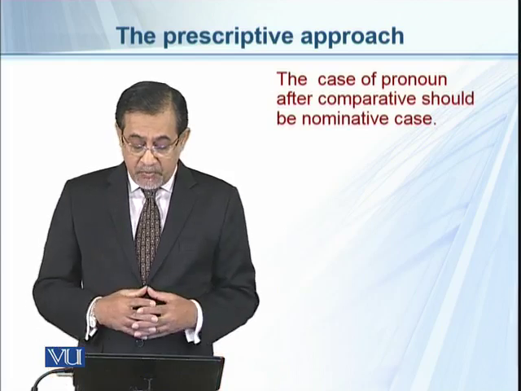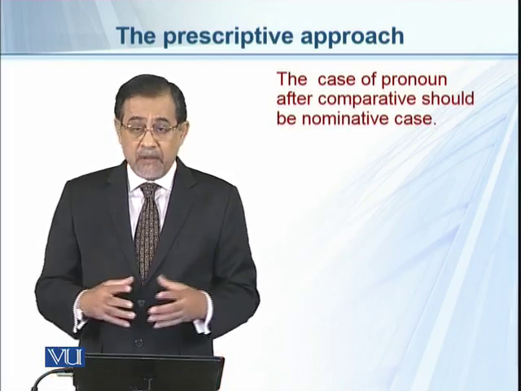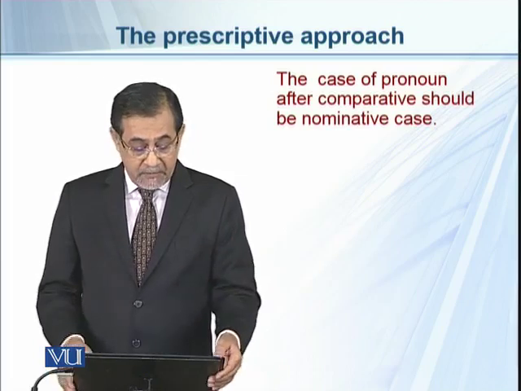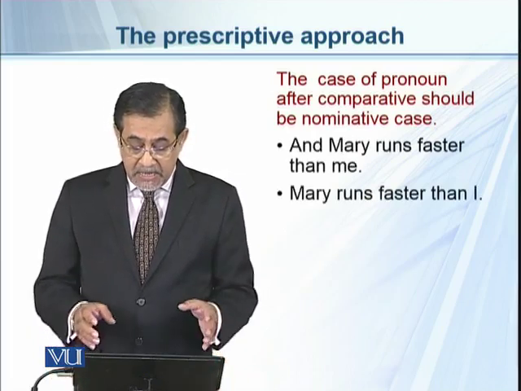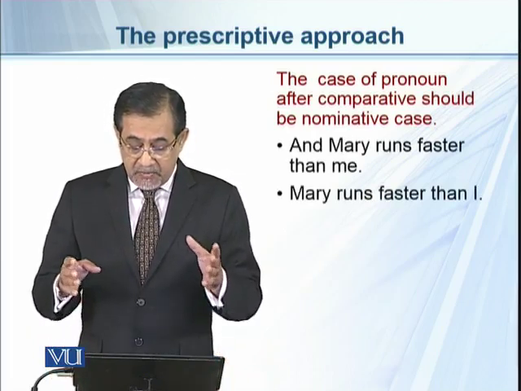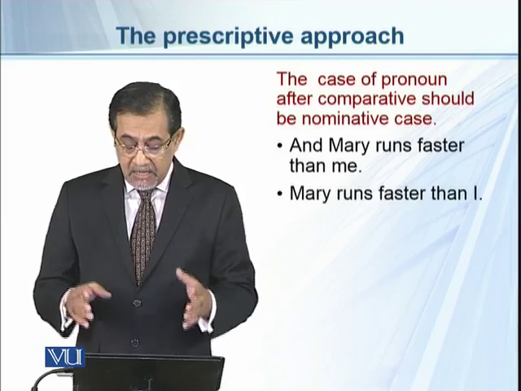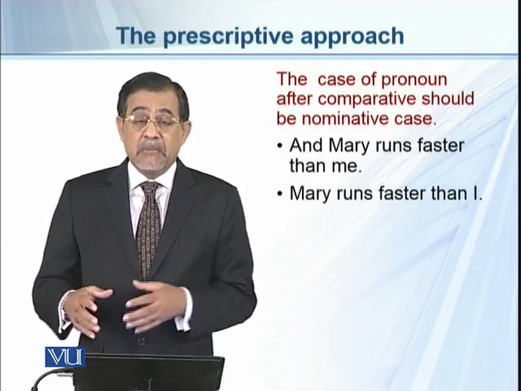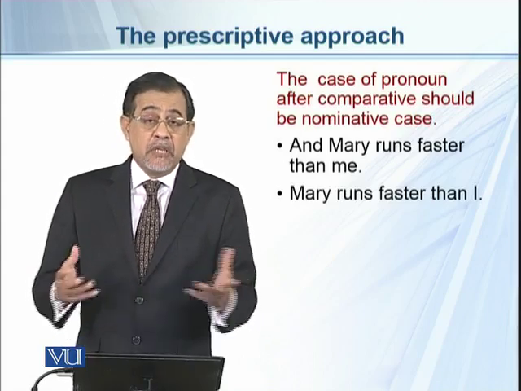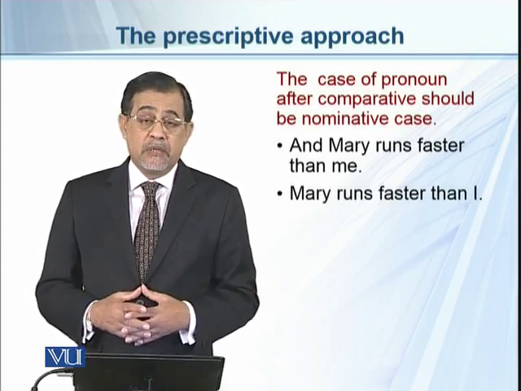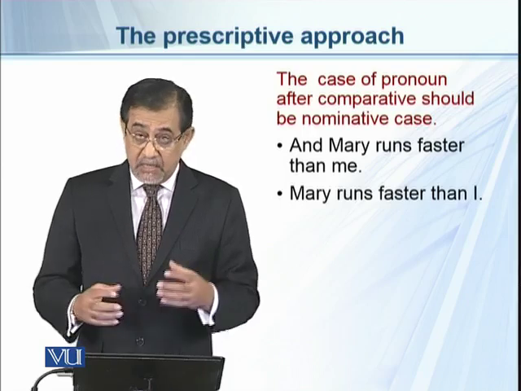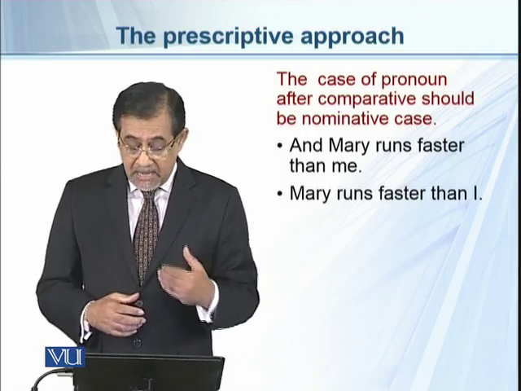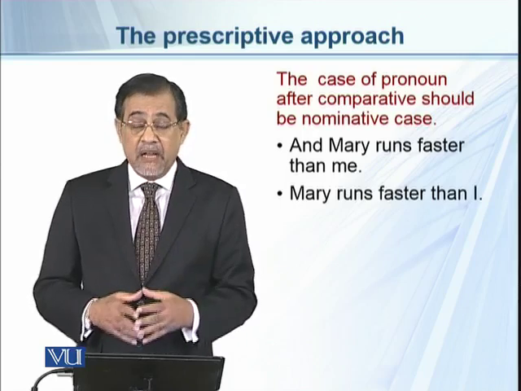A pronoun after a comparative should be nominative. For example, "Mary runs faster than me." If you look at this case, "faster than me" is a very usual way of speaking in English, but the teacher will correct it as "Mary runs faster than I."